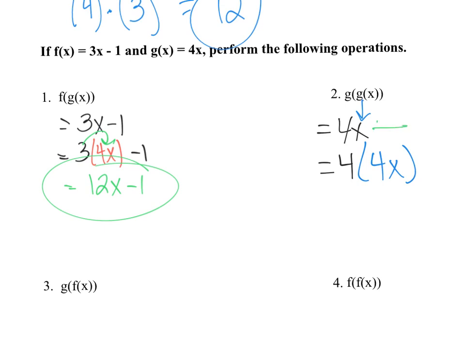This x needs to go away. We cannot write an x down here. Okay? That x needs to go away. So, what's my next? Good. 4 times 4x is 16x. Right? That x needs to go away. Am I good to go to the next?